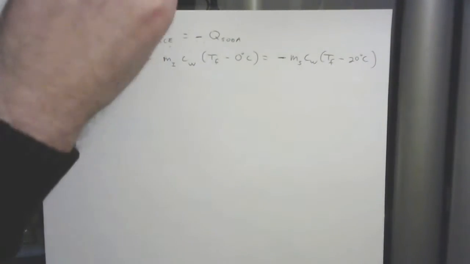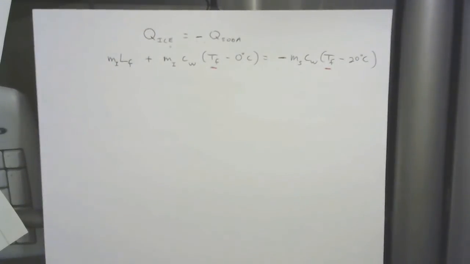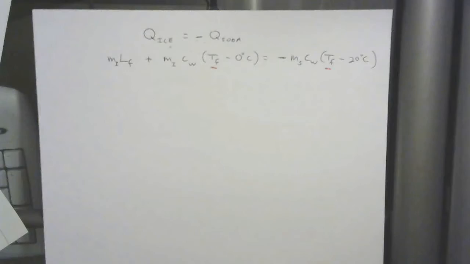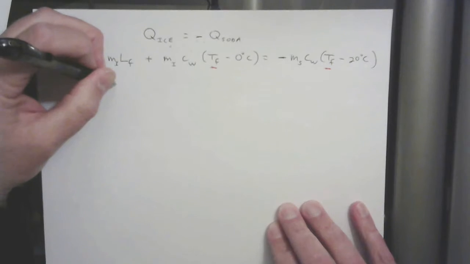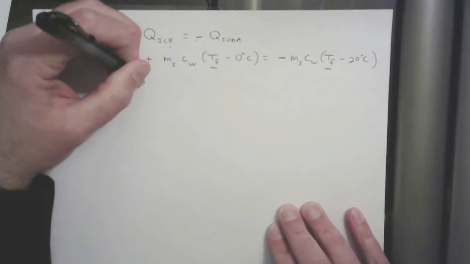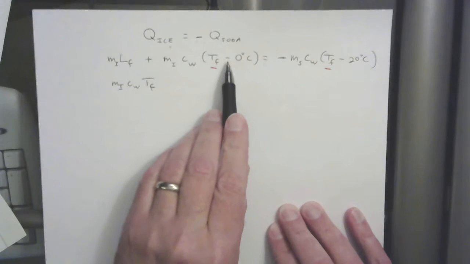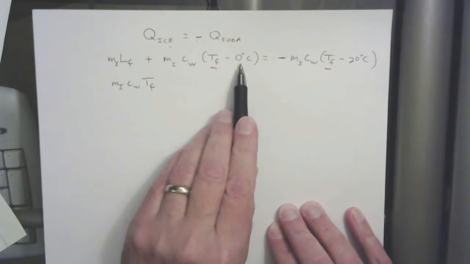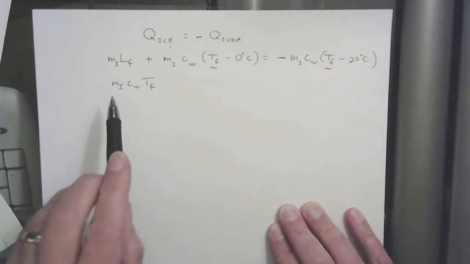So we need to solve for the final temperature, which appears in 2 places here. So we'll try to put all those terms over on one side, and then we'll put all the other terms on the right side. So what have I got here? I've got a mass of ice times C sub W times TF for that term there. And then this is a 0, so I can go ahead and neglect that term. It goes away there. Let's go ahead and add MSCWTF to this side.